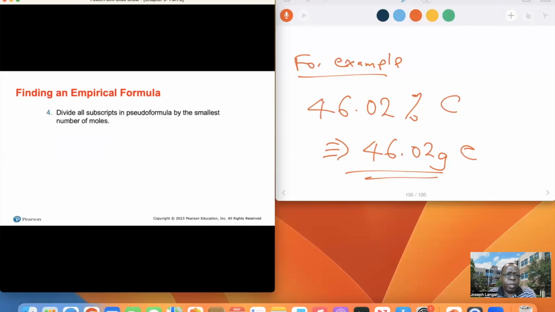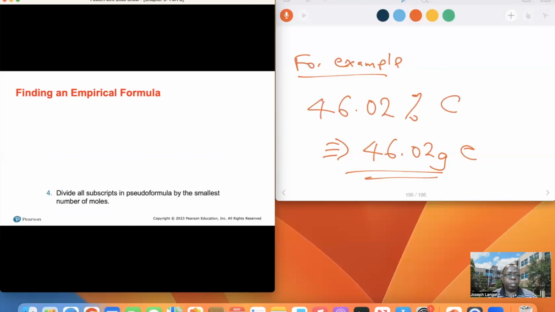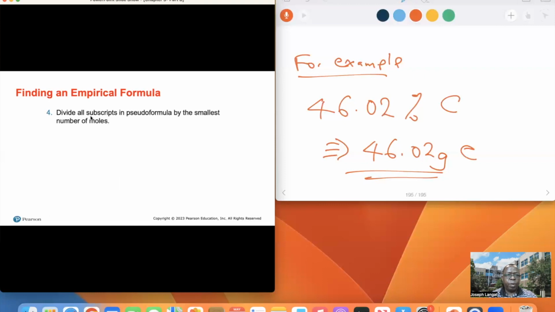Now, sometimes you may have to really pay attention to your calculation. By the way, point number 4, you should be able to list. No one will ask you to list them all, but are you able to apply the procedure in order to calculate the empirical formula? So you divide by what?